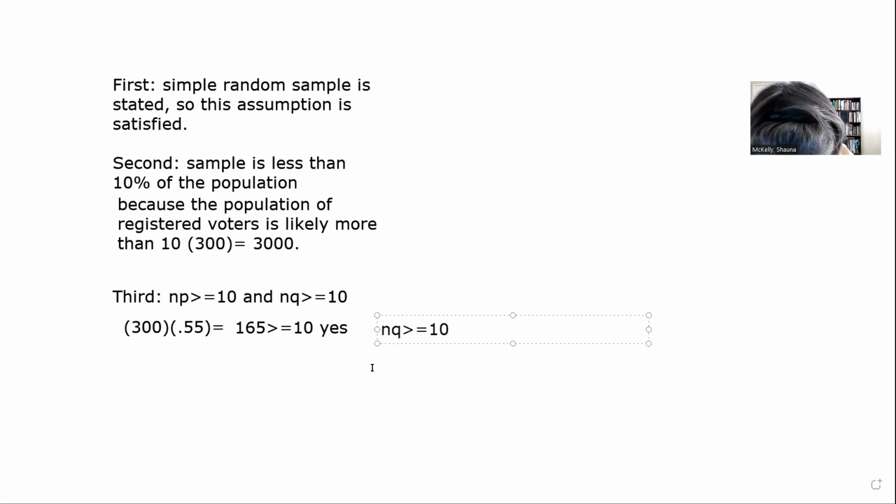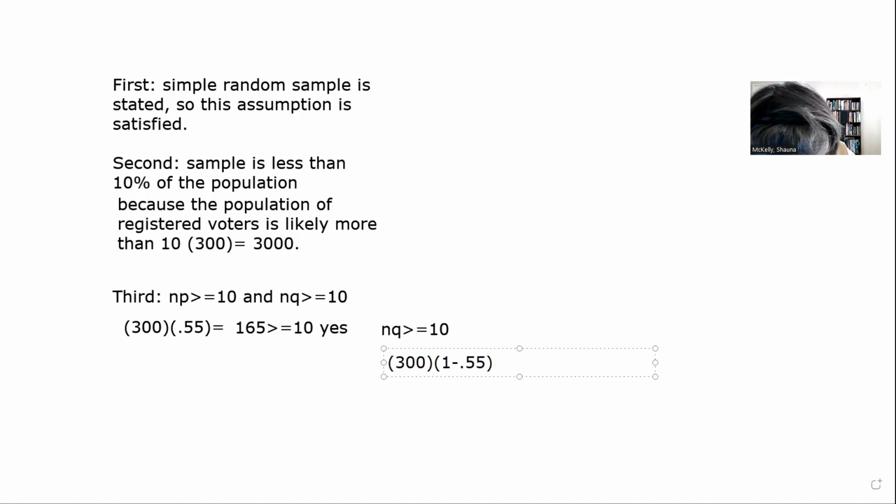And remember that here, this is 300 times Q is 0.45, which is 1 minus that, you can write it as this if you like.